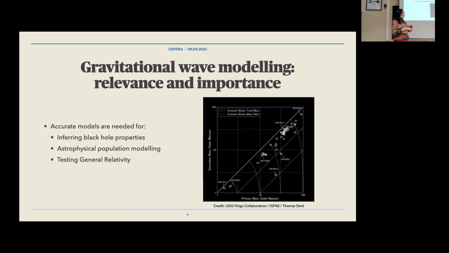Once we have an accurate picture of the properties of these binaries, we can use it to build up an astrophysical population model. So here, for example, you can see the vanilla BBH population that I was talking about earlier, which have a sort of equal mass, with the primary and secondary being tens of solar masses.